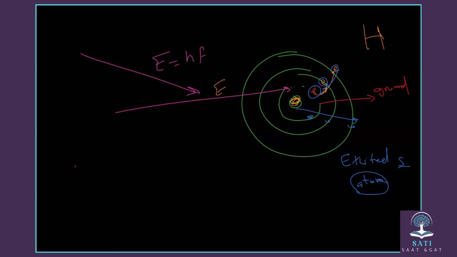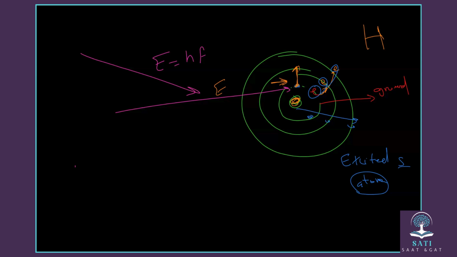To move from a lower energy level to a higher energy level, electrons need energy. When they are given energy, they move from lower to higher energy level.